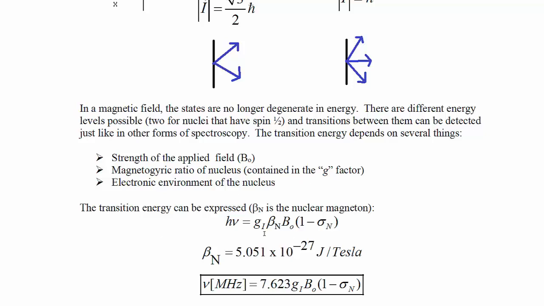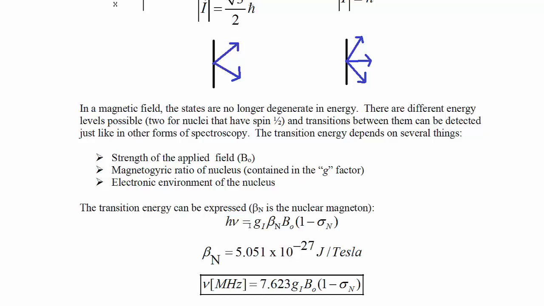Add all that together. I'm showing an equation here that has the delta E on one side. Remember, we can express a change in energy as h nu. That's how we can explicitly show the frequency for that transition.